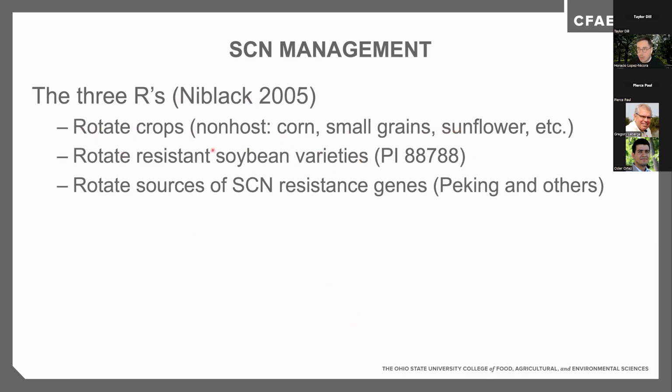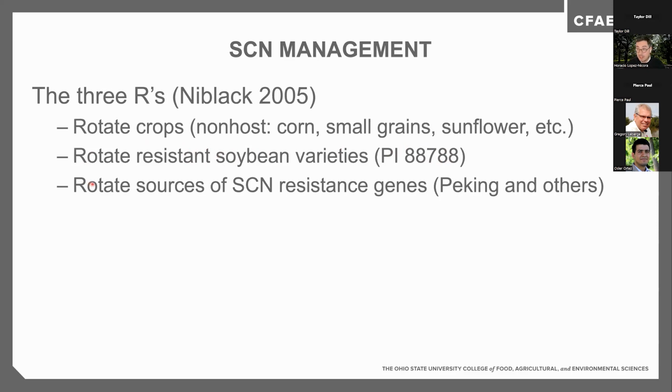Rotate soybean varieties with resistance to soybean cyst nematode. We don't want to train the nematode to eat and feed on the same genetic material. Unfortunately, more than 90% of the commercially available resistant soybean varieties have this PI 88788. Nonetheless, rotating those varieties is recommended to manage soybean cyst nematode.